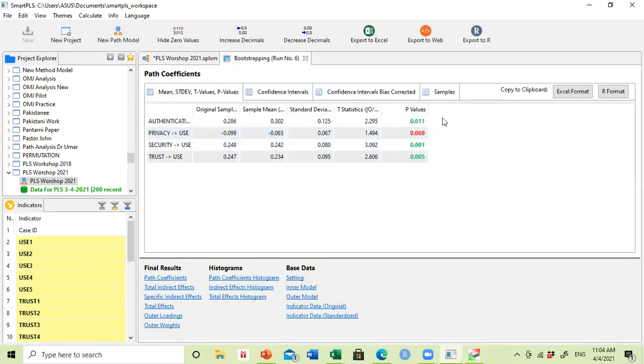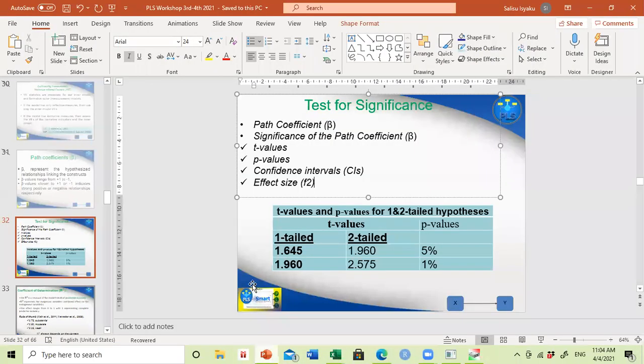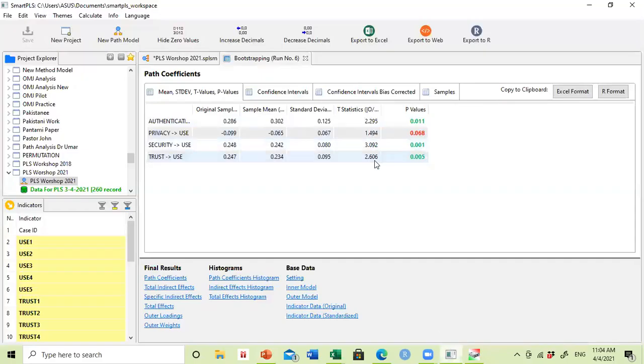Then the p value here tells you the level of significance. If you remember, the t value should be greater than 2.575 for it to be significant at 1%. In this case, privacy is not up to 2.5, so it's still significant at 5%.